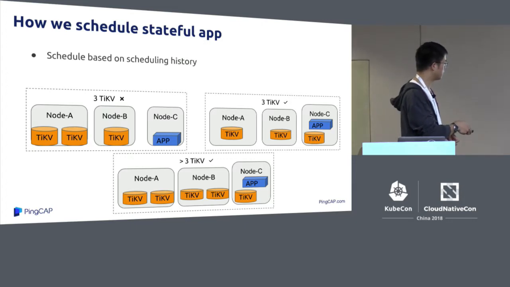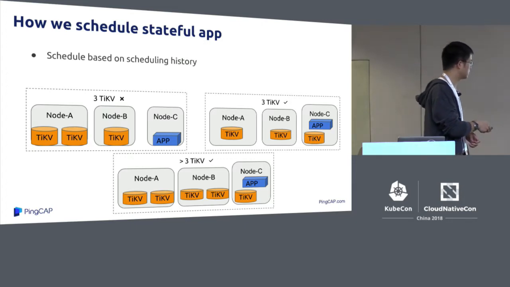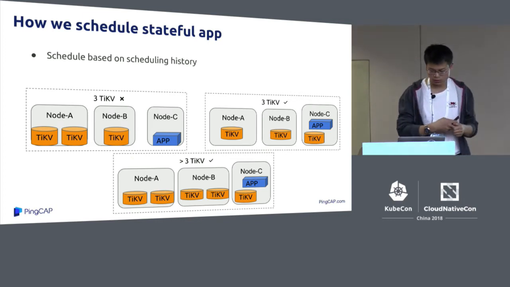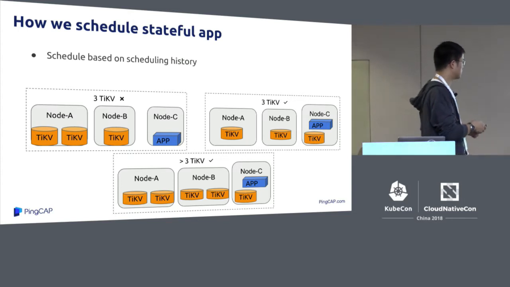So when node A is down, we still have 2 replicas on node B and node C, so TiDB is still in service.